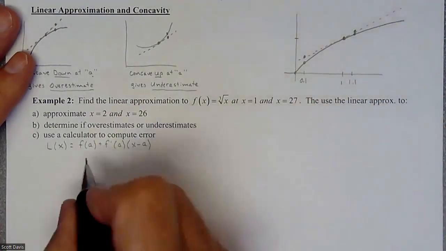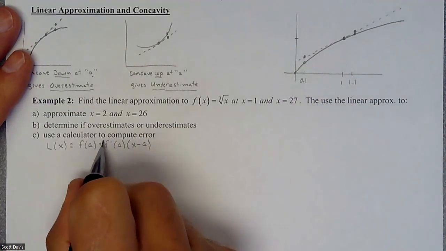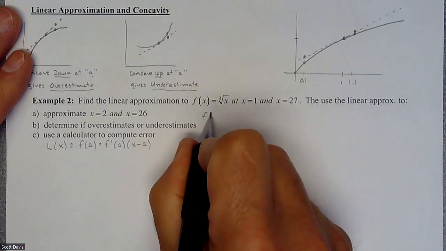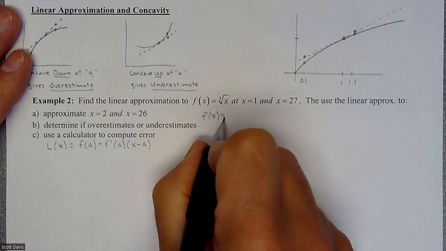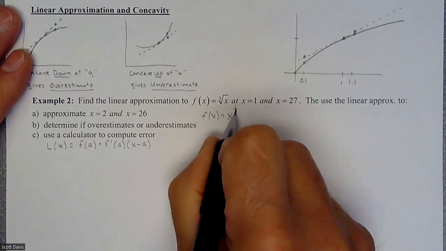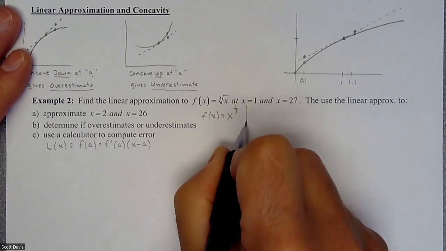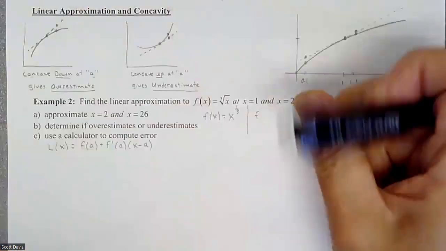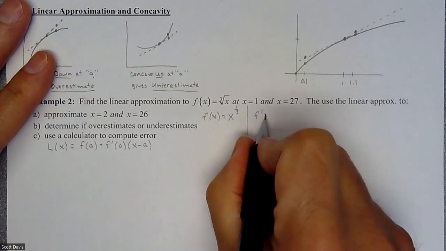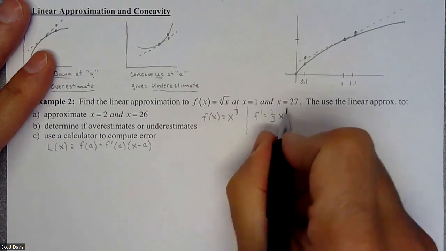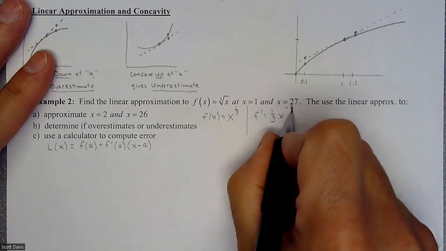So, in order to do this, we are going to need a slope equation. And so if our original equation is a cube root, let me write it as x to the 1/3. And then if we do the first derivative of that, we're going to get 1/3 x to the negative 2/3.